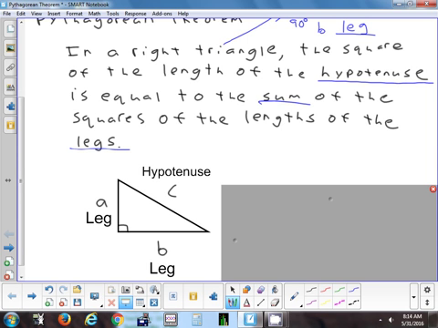What letter here represents, let's say, one of the legs? What letter in that diagram represents a leg? Well, Ben? A or B. A and B, yep. Now let's look at the formula. It says to take the square of the length of the leg. Okay, let's start with that. What do you get if you square what I just circled?